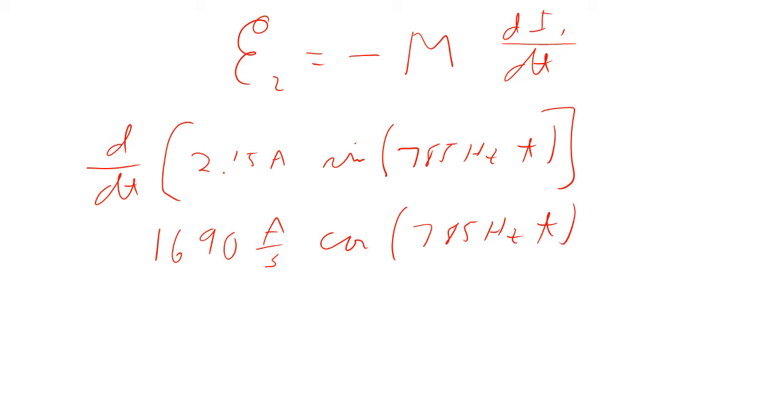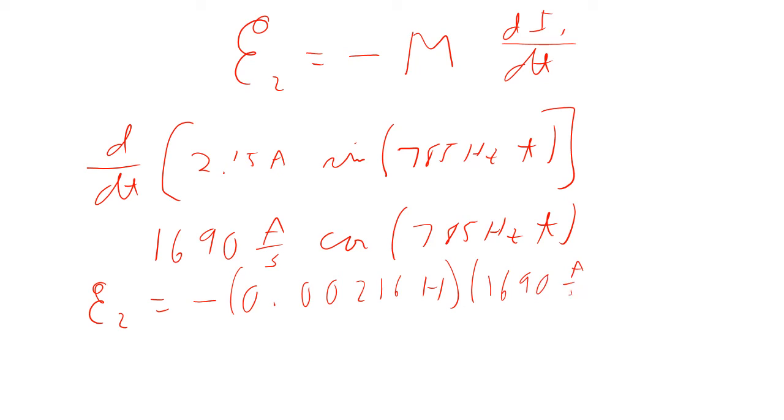Okay, so now we plug all that together. The EMF in the secondary coil is going to be minus 0.00216 henries times 1690 amps per second times cosine 785 hertz times t.